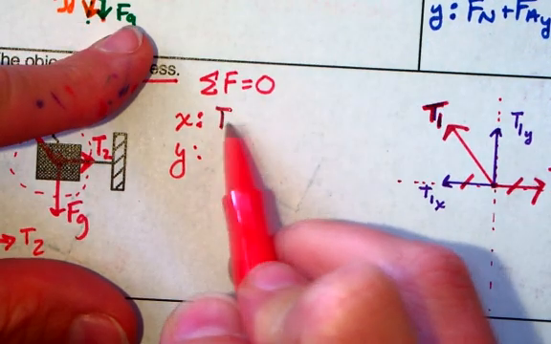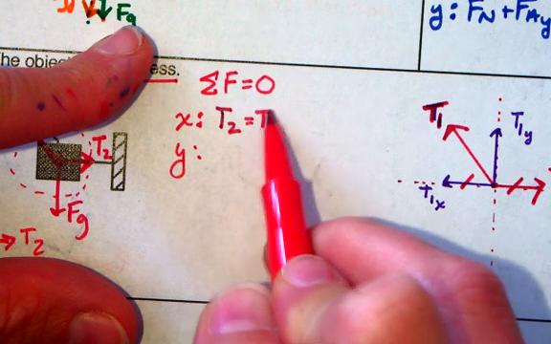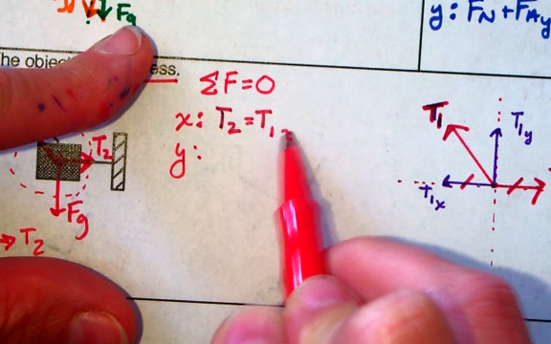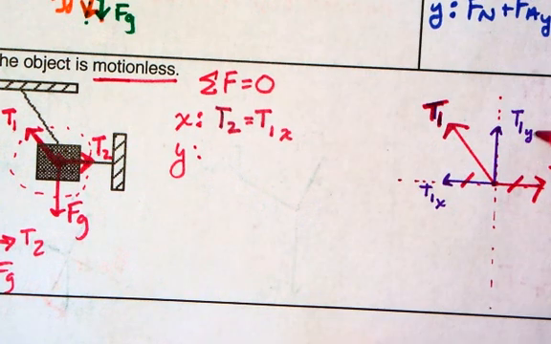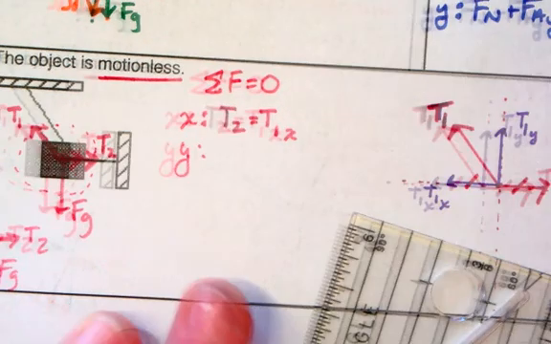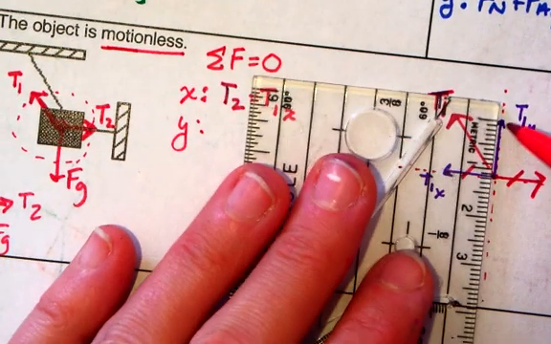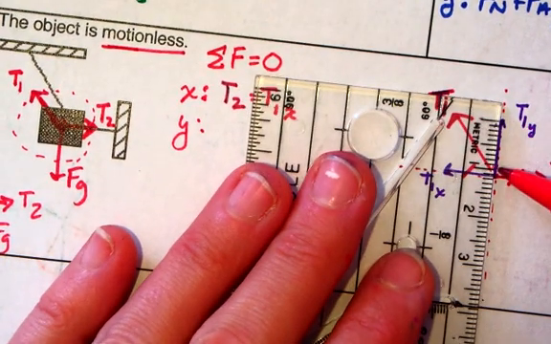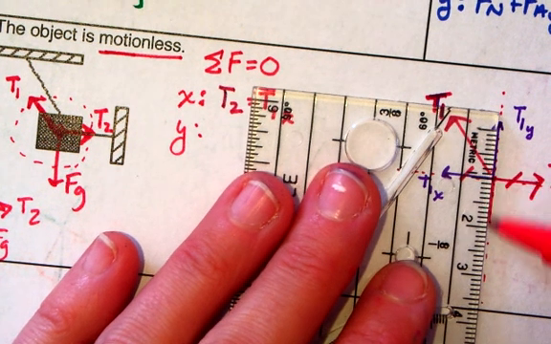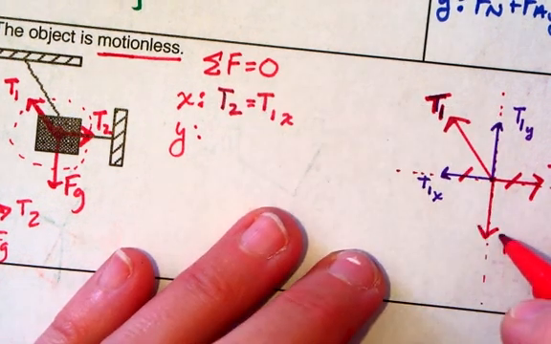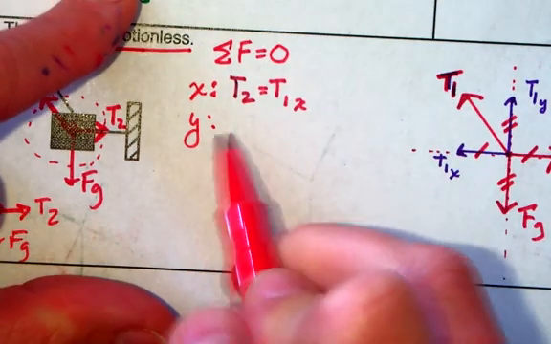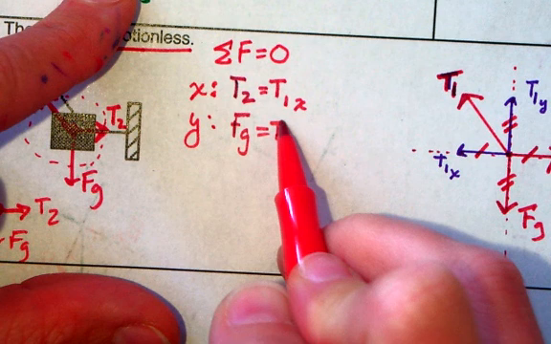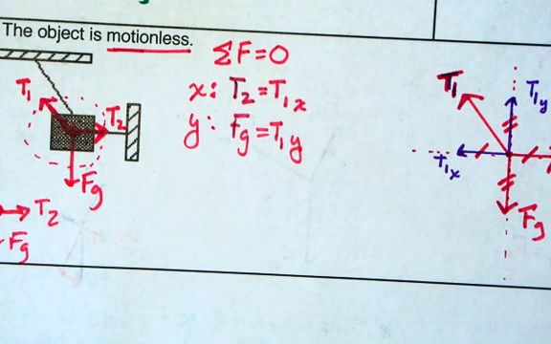So T2 equals the X component of T1. And what do I know about T1Y component? It's opposite the gravitational force, and we're going to make those equal. So this is the gravitational force. So I know Fg equals T1Y component.